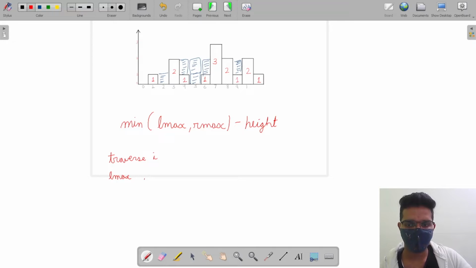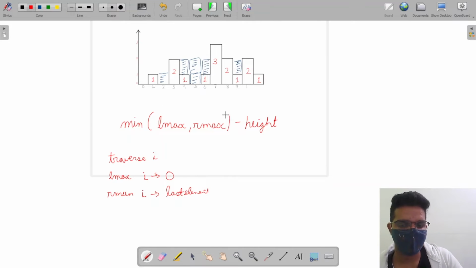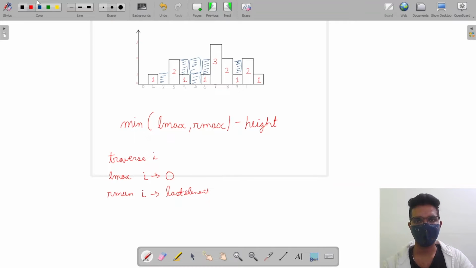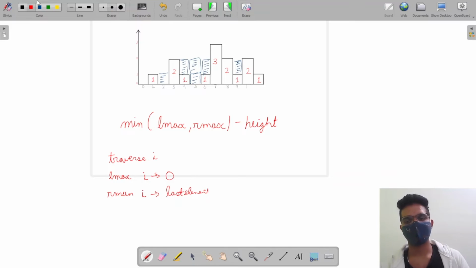Then for left max, you're gonna go from i to 0, and for right max, you're gonna traverse from i to the last element, to calculate your left max and right max. And then of course you take the minimum minus your height. But as we can see, this operation is costly, not an optimal approach. So now we will be discussing some optimal approaches.